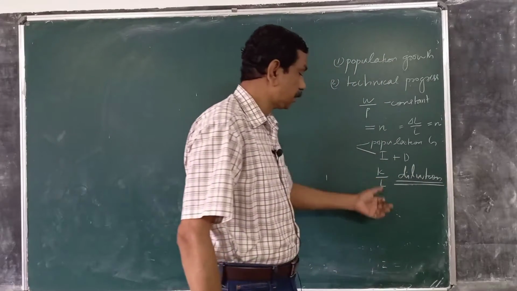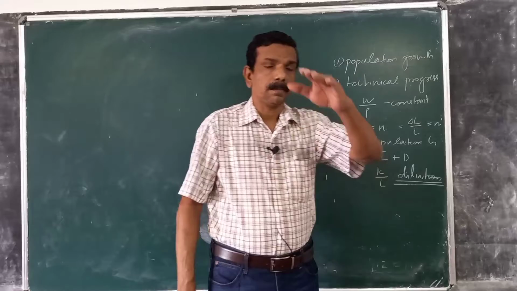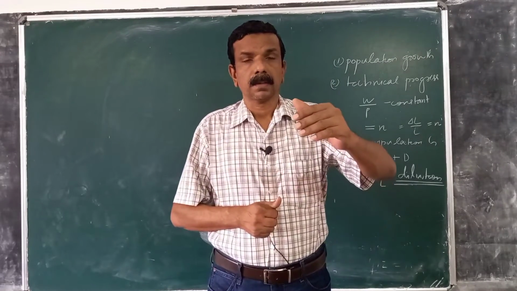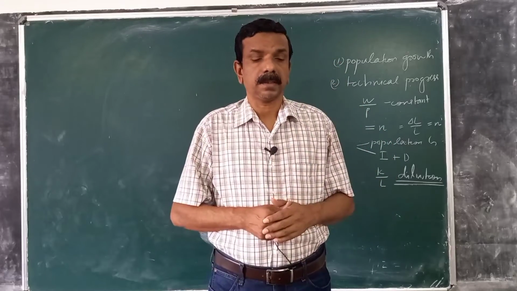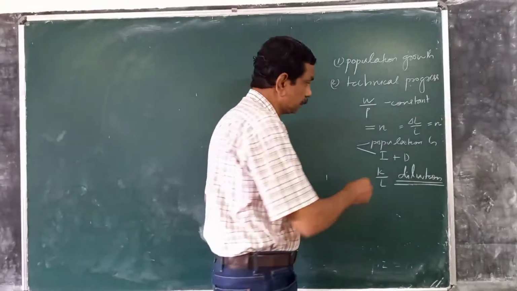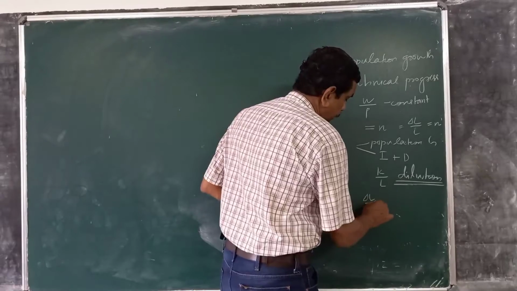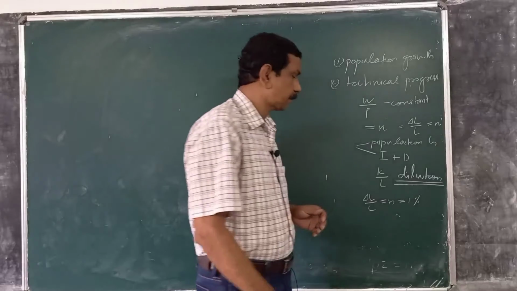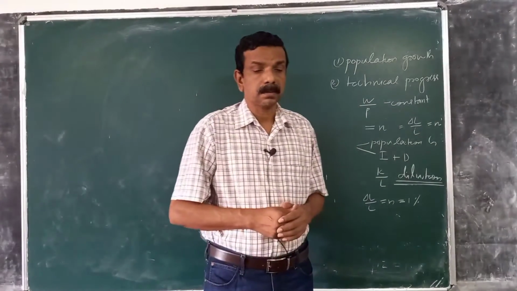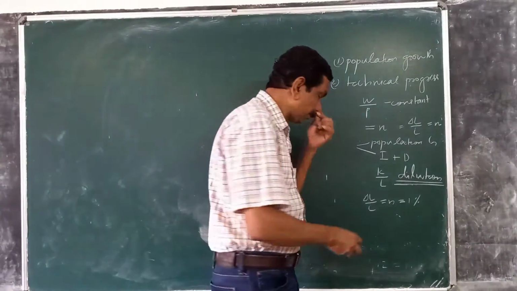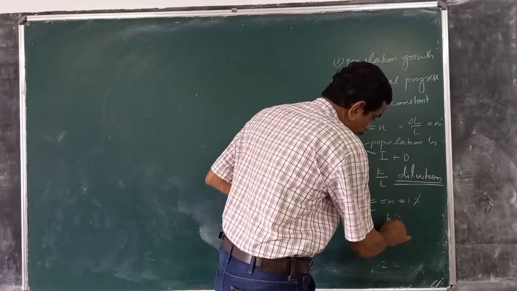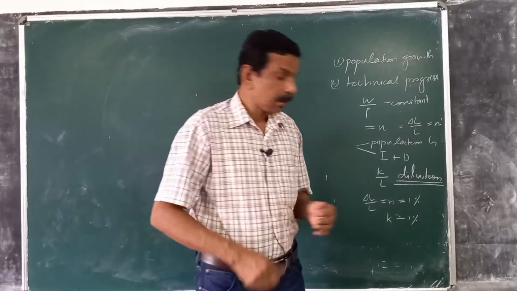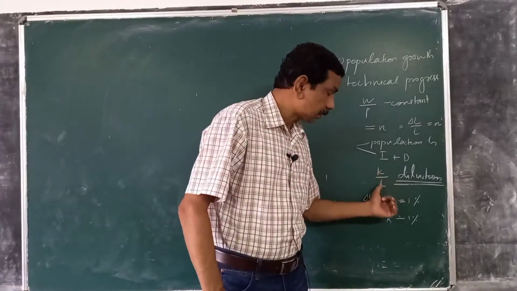If K is constant and L increases, K by L, capital per head, decreases. Or what we say, capital dilution will take place. As an example, if delta L by L is equal to n equal to 1%, then machines K must grow at 1% to keep K by L constant.